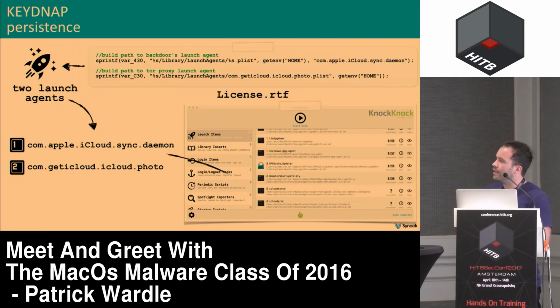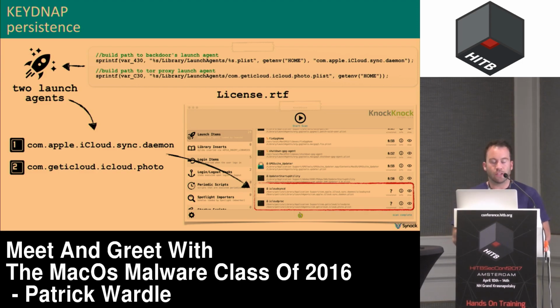If we decompile the malicious binary that was injected into the legitimate Transmission application, we can see it installing two launch agents. If we use a tool such as Knock Knock, which shows you what is persisted on your computer, we can see both of these launch agents showing up, and they both are named iCloud something.